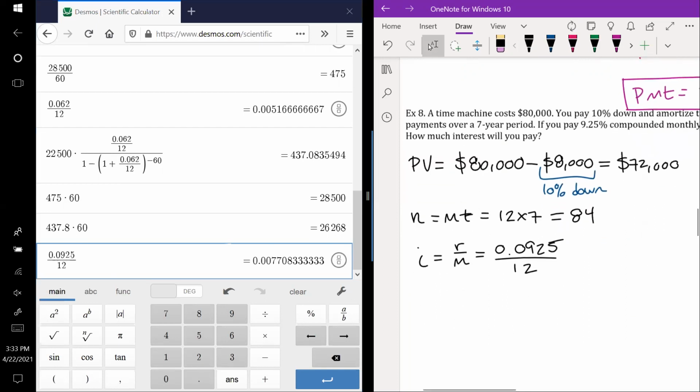Okay, which means that we're going to buy this time machine and we're looking for the payment, so let's go ahead and plug it into the payment formula.